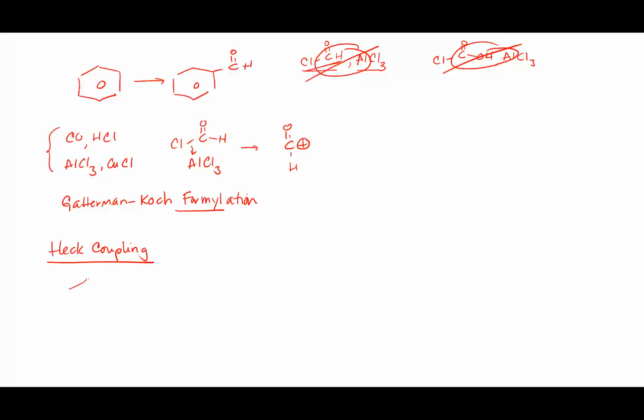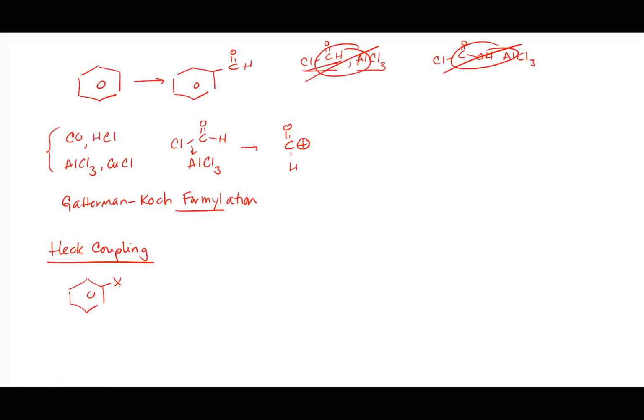And in Heck coupling, what we're going to do is we're again going to take an alkyl halide, or an aryl halide. We're going to take bromobenzene, maybe chlorobenzene, and we're going to couple that with an alkene. And so I'm going to add the alkene directly to the benzene ring. And this requires us to use a transition metal catalyst.